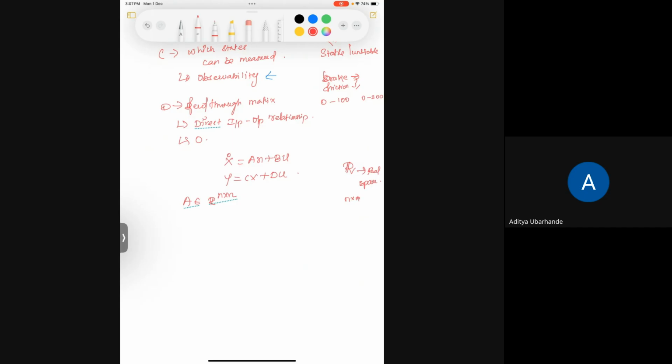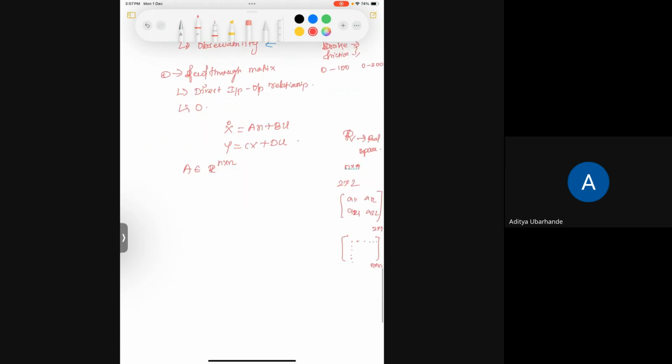N cross n means it's n rows and n columns. For example, 2 cross 2 means it's A11, A12, A21, A22. This is 2 cross 2. Similarly, we have n cross n. So A generally depends on n cross n, where n is based on the system you are assuming.